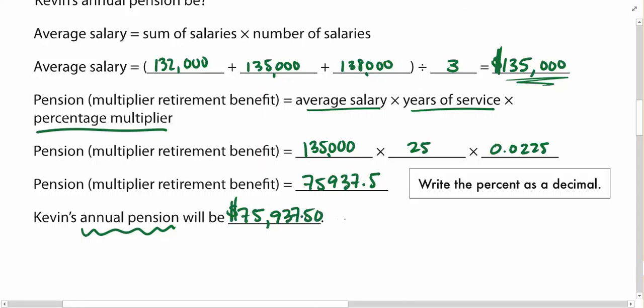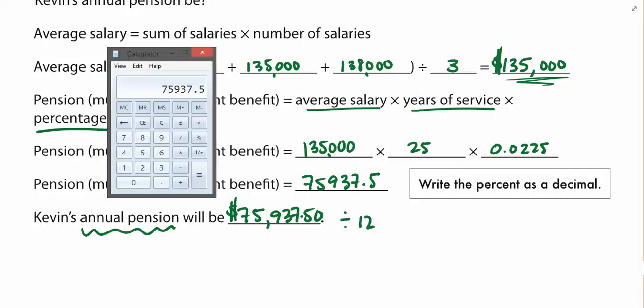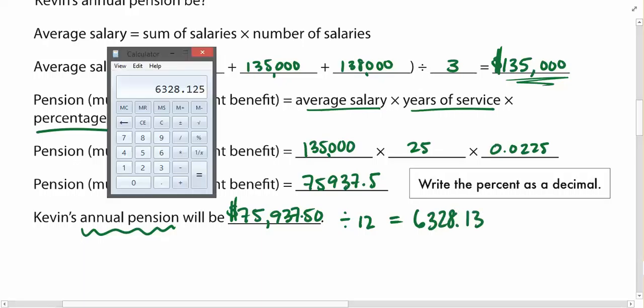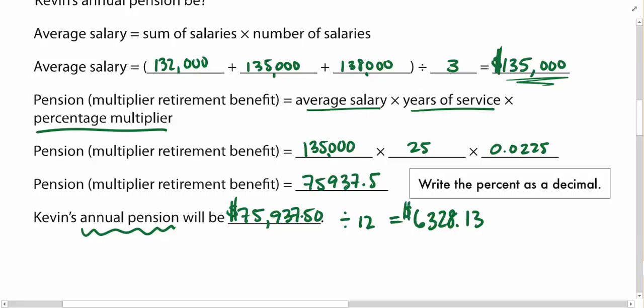If we wanted to take this just a little bit further, we can divide this number by 12, and this will tell us what his monthly pension would be. Or in other words, $6,328, and I believe that was 13 cents. Yeah, rounded to 13 cents per month. Not too bad.